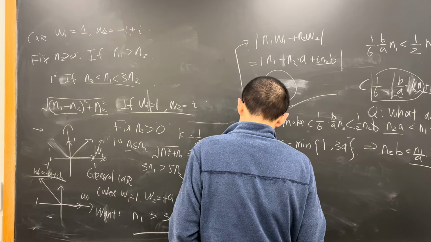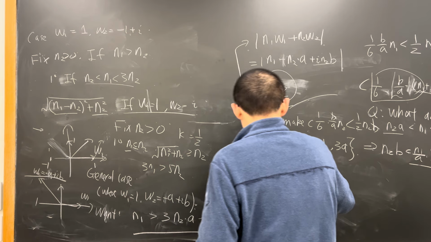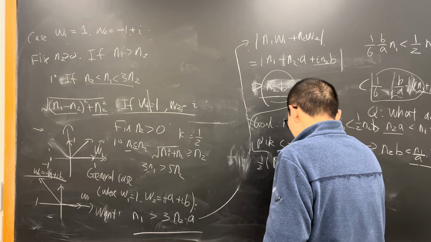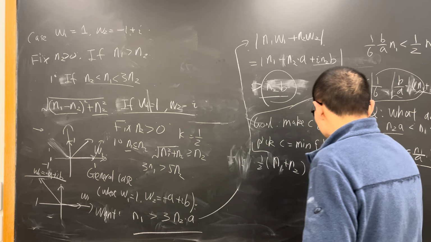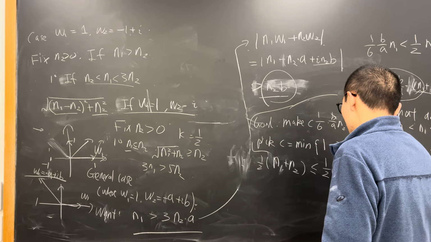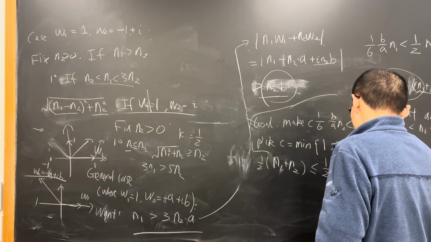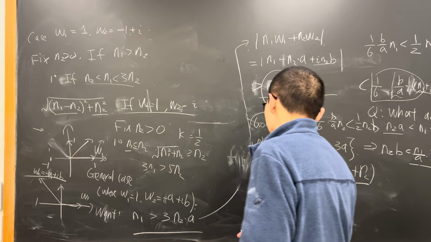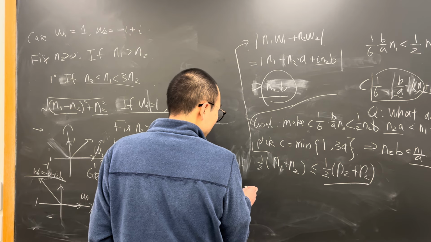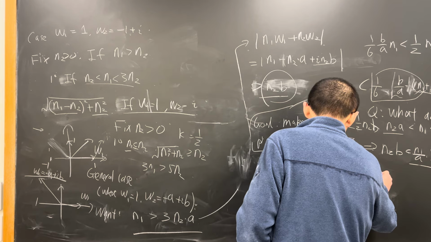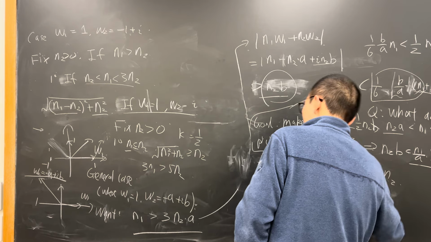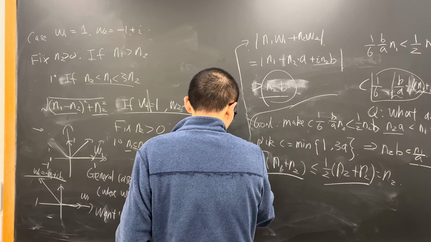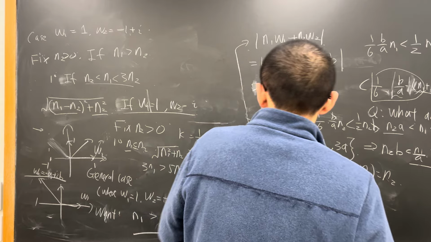So this term is less than or equal to 1/2 n2 plus n2, right? So we can bound this one by just n2, so this is exactly n2. Therefore this automatically holds.